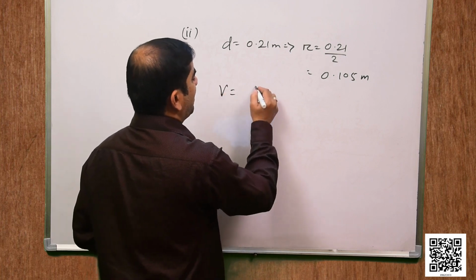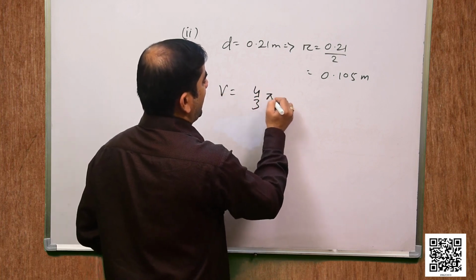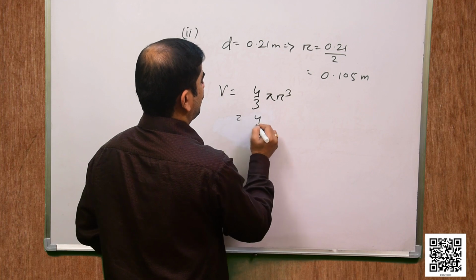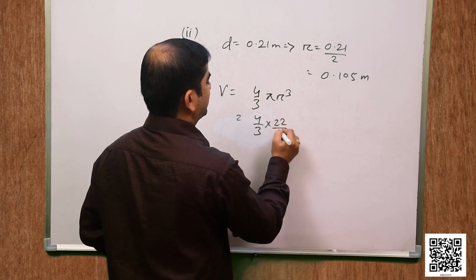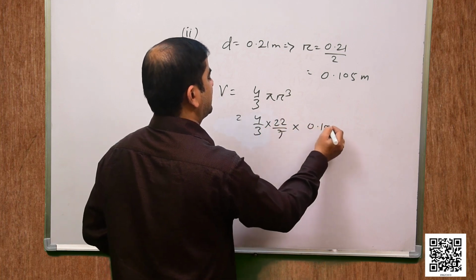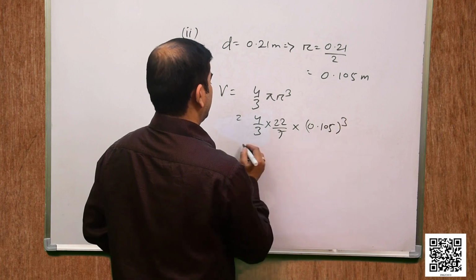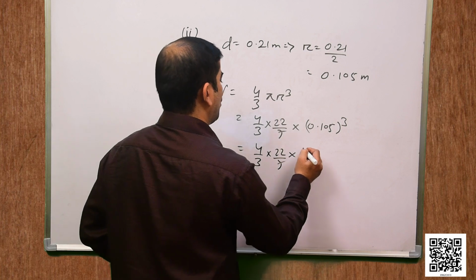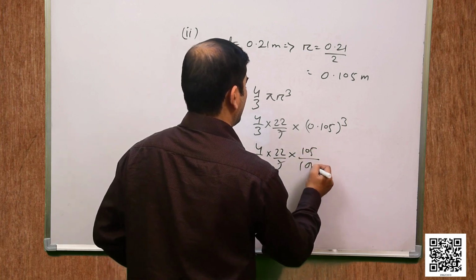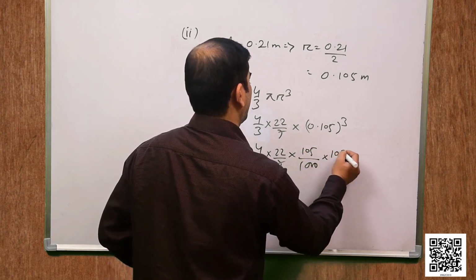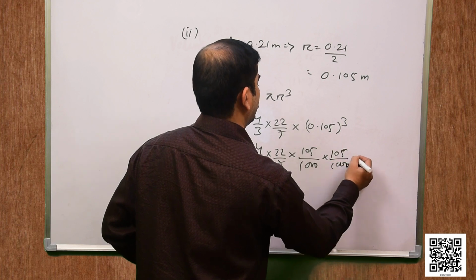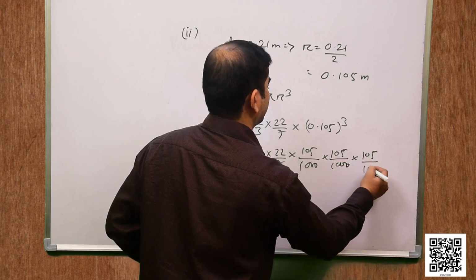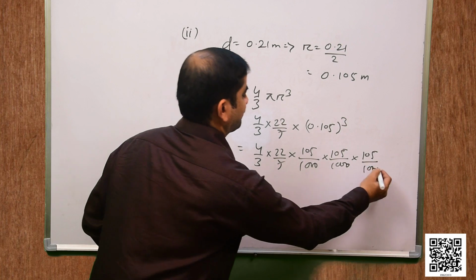So, volume will be 4 by 3 pi r cube, that is 4 by 3 into 22 by 7 into 0.105 cube, that is equal to 4 by 3 into 22 by 7 into 105 by 1000 into 105 by 1000 into 105 by 1000.